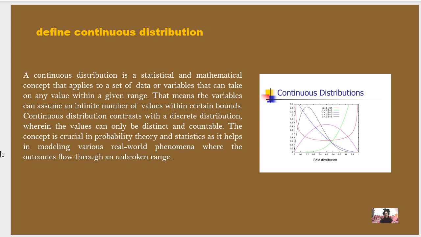That means the variables can assume an infinite number of values within certain bounds, and a continuous distribution contrasts with a discrete distribution, wherein the values can only be distinct and countable. The concept is crucial in probability theory and statistics, as it helps in modeling various real-world phenomena where the outcomes flow in an unbroken range.